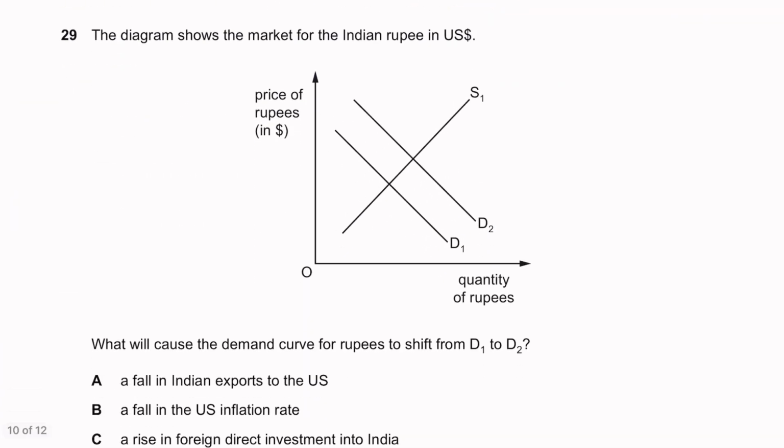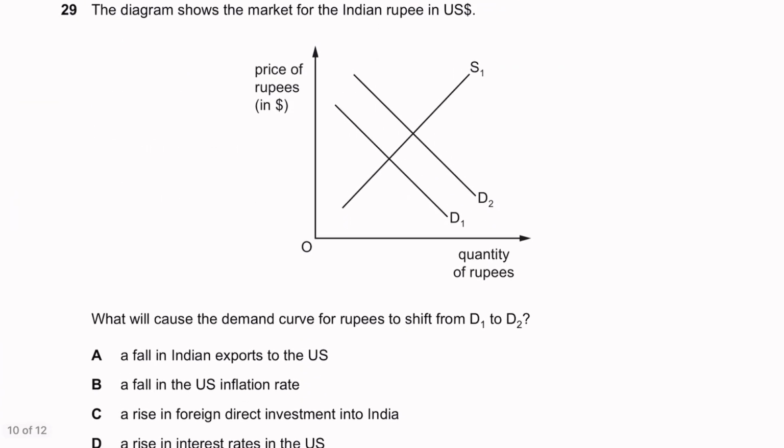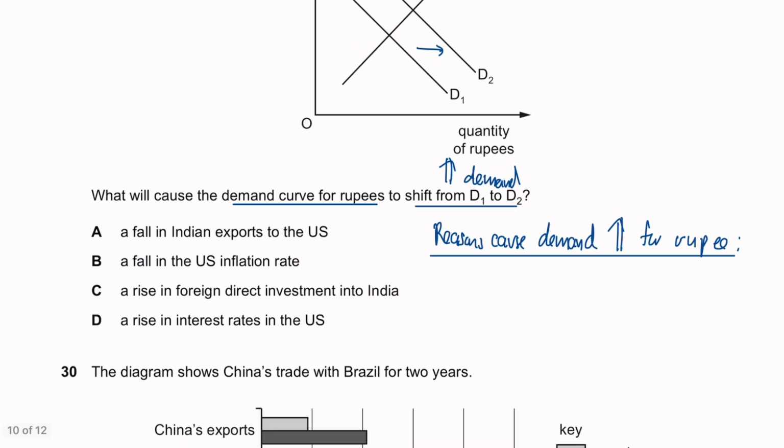Question 29. The diagram shows the market for the Indian rupee in US dollar. What will cause the demand curve for rupees to shift from D1 to D2? D1 to D2 is an increase of demand. So before looking at the answer, let's think about the reasons that will cause demand to increase for rupee.